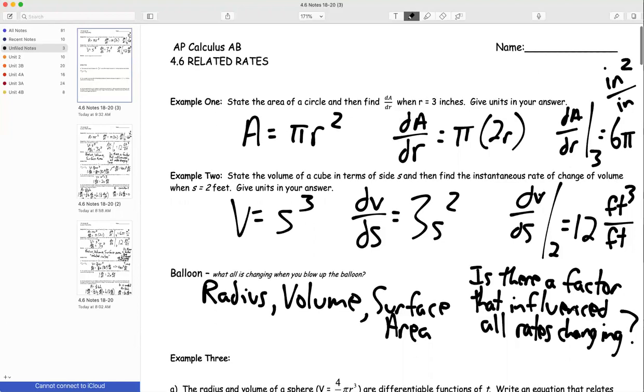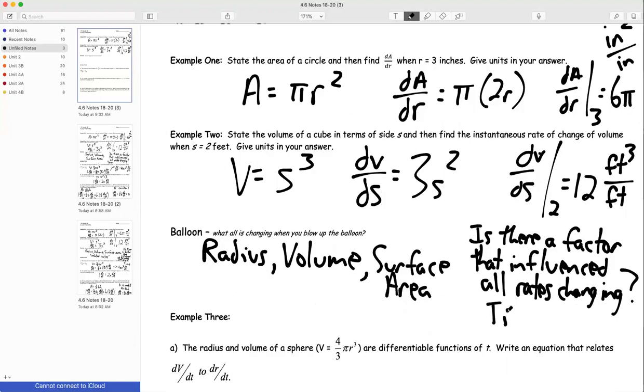And that factor is time. Which gets to the main part of related rates. When we are working related rates problems, we are looking at rates of change with respect to time. So as I blow up the balloon, the radius is changing with respect to time. The volume is also changing with respect to time. And the surface area is changing with respect to time.